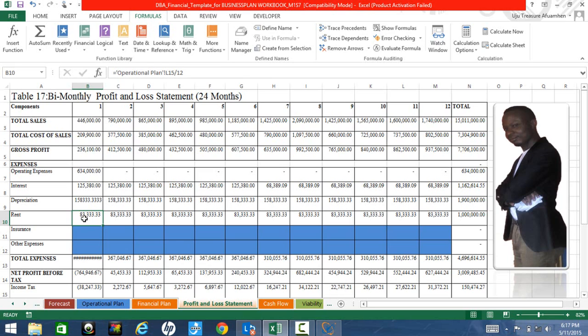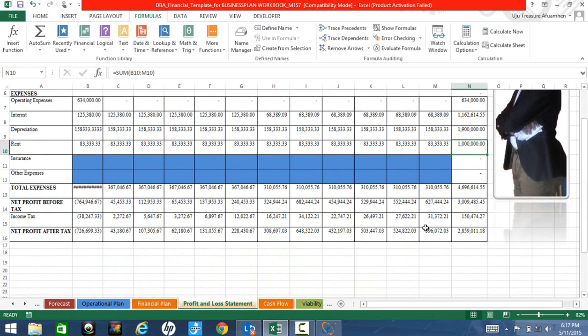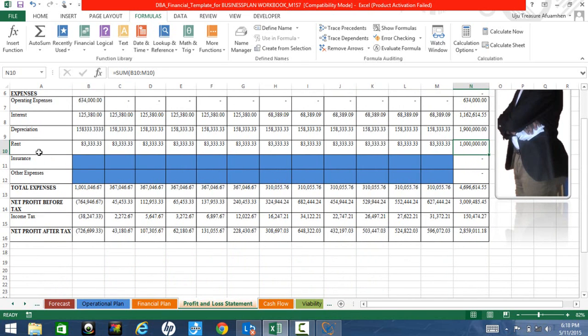So when you do this spread, it gives you 1 million. I hope it makes sense to us. Okay, now let's go. The value here is not appearing because the cell is not wide enough. So good. For insurance, if there is any insurance, you go in here and start imputing. Other expenses you can impute. If there is none, you can leave it blank.